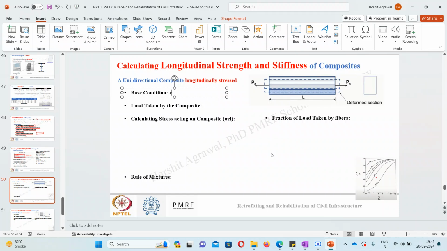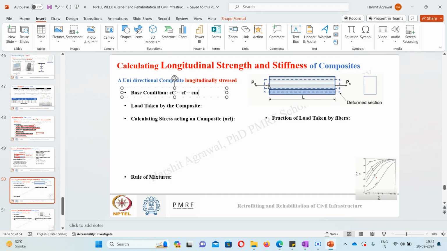So the strain of my composite, epsilon c, is equal to the strain acting on fiber, and it will be equal to the strain acting on matrix.